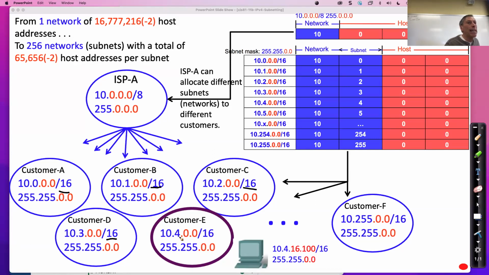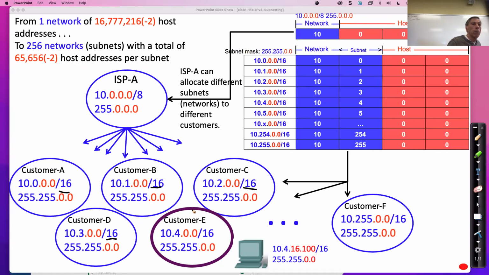But could we take this one here, maybe leave these alone, or maybe they go to other customers? Could I subdivide this network? Could I subnet this? Yes, certainly. Can I have a barrel of apples divided into 10 baskets and then take one of those baskets and subdivide it into smaller baskets? Certainly.